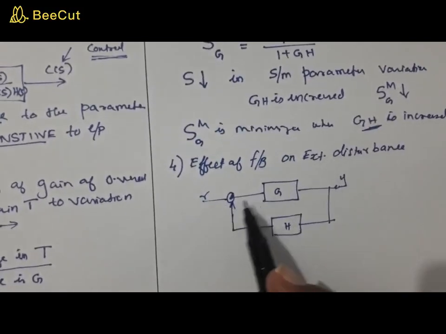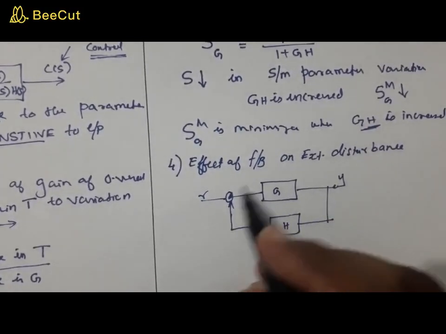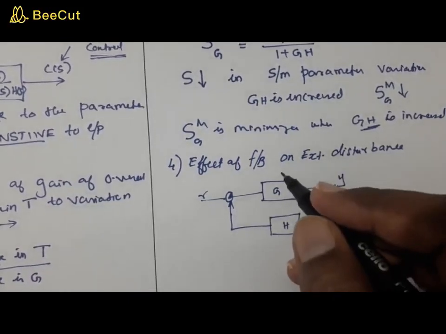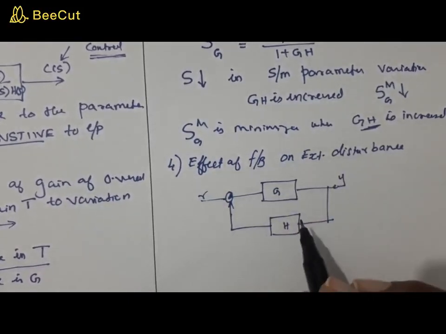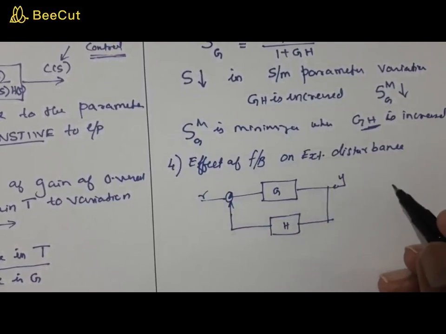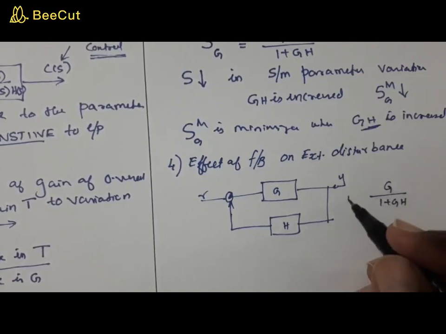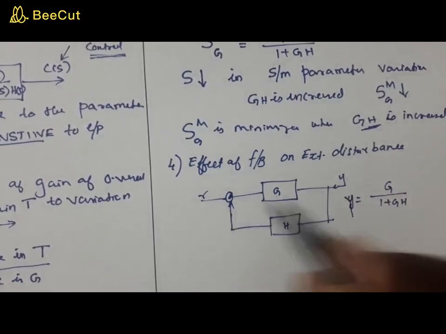So I'm considering again a closed loop system. Just imagine that this is G by 1 plus GH. So what is your output?